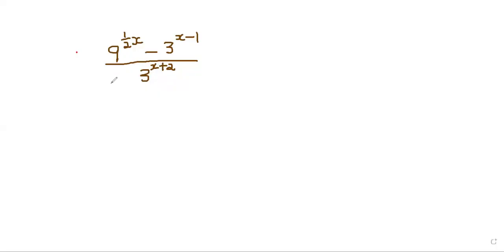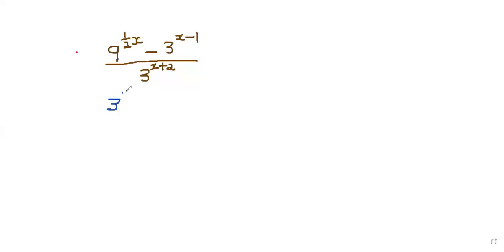So on this topic and session, we'll be basically dealing with algebra. Right? So we are given 9 to the power of 1 over 2x minus 3 to the power of x minus 1 divided by 3 to the power of x plus 2. So basically what we are going to do, we're going to change the 9 because you know that 9 is 3 squared, right?